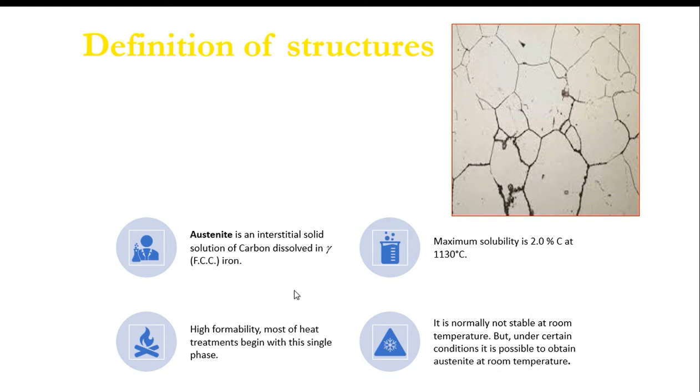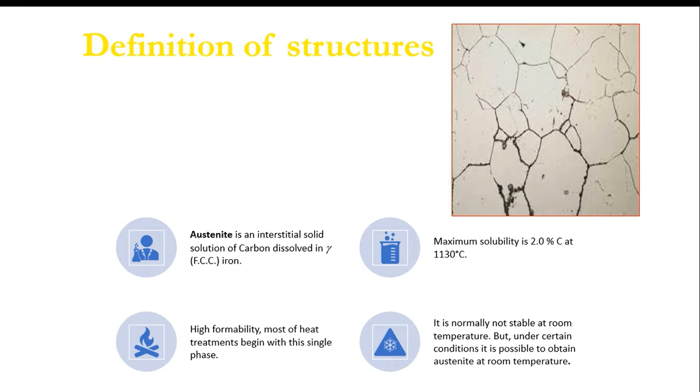Then austenite, this one is an interstitial solid solution, carbon dissolved in gamma, that is FCC, right? Then maximum solubility is 2% carbon at 1130 degrees Celsius, right? So if you want to find this austenite, you have to use 2% carbon at this temperature. So it is high formability.